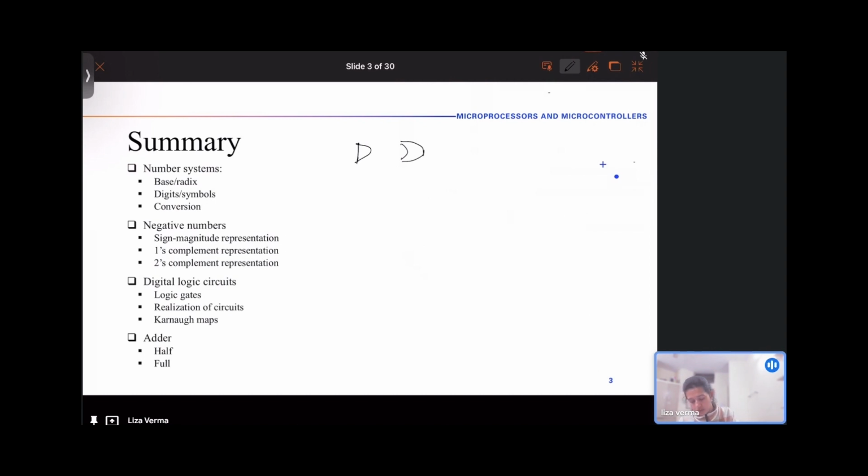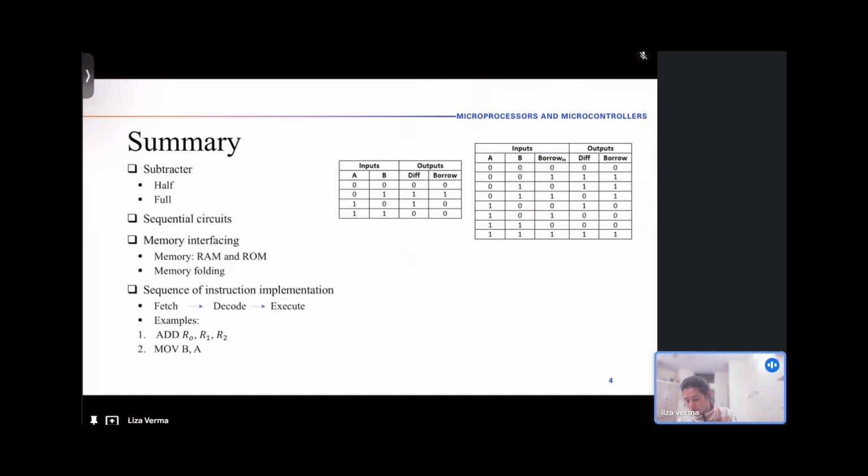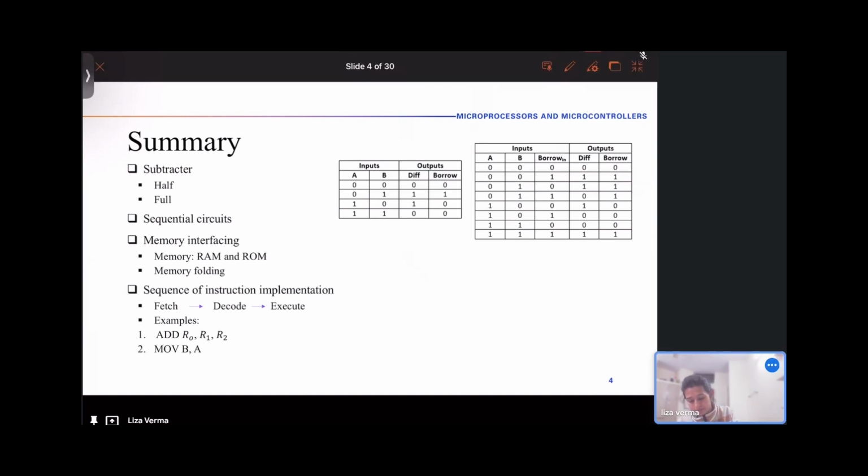Now the adder was discussed fairly, and I'm not going to get into it. What was not discussed was subtractors, so I thought we can do that.